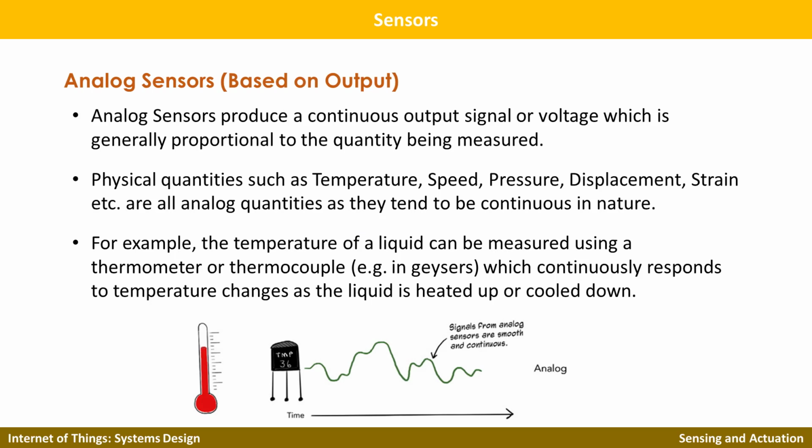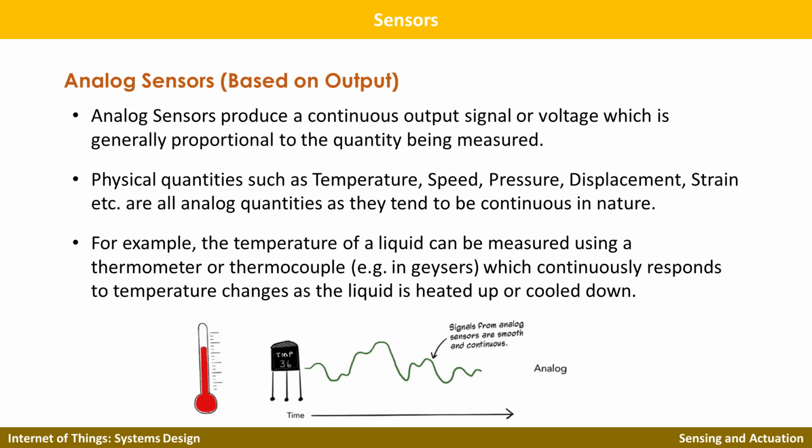First class of sensors we are going to look at are analog sensors, which are classified based on the output. Analog sensors produce a continuous output signal or a voltage, which is generally proportional to the quantity they are measuring. So basically, if you are measuring temperature, speed, pressure, the voltage generated is proportionate to the value of the temperature.